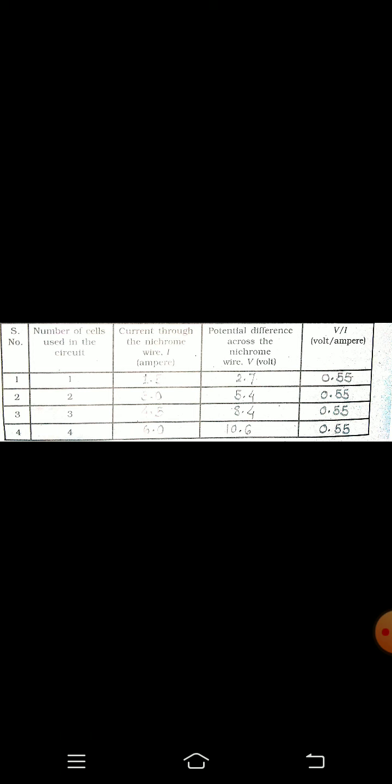These are the readings noted for the experiment that we are considering. You can see it is the same for all the readings when we used one cell, when we used two, when we used three, and even when we used 4 cells together.